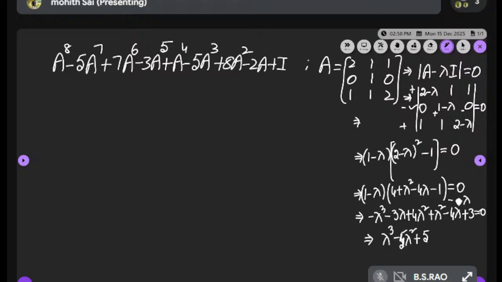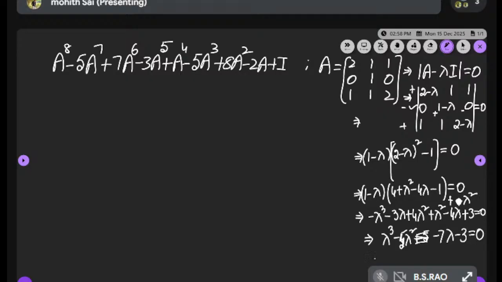Next 7 lambda minus 4 plus lambda square minus 5 lambda square minus 7 lambda. What next? Minus 3.